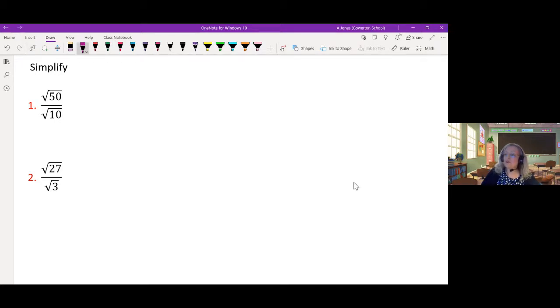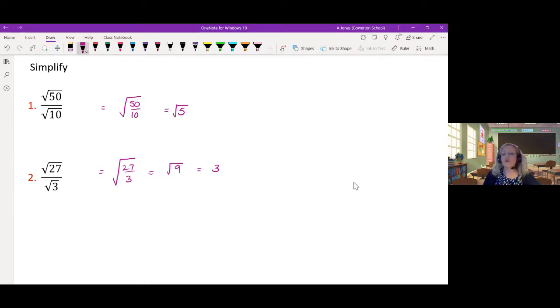Okay, so pause if you need more time. Let's have a quick look at these ones. So this becomes the root of 50 divided by 10, which is root 5. And this one becomes the root of 27 divided by 3, which is the root of 9. So that one does turn into a whole number 3.